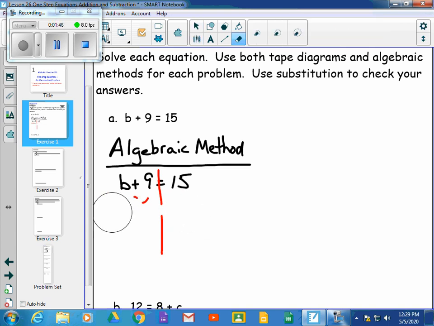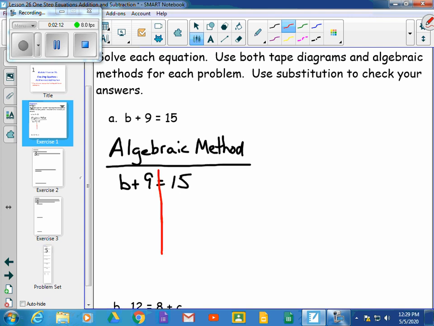Now when you solve these, your overall goal is to get the variable by itself on one side of that equal sign. So as we can see right now, the b plus 9 is on one side, and b is not by itself. If the variable is not by itself, we're going to ask ourselves, what's with the variable? And don't just focus on the number, focus on the operation as well.